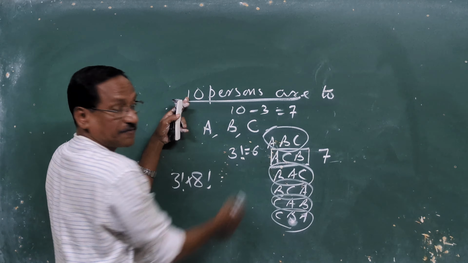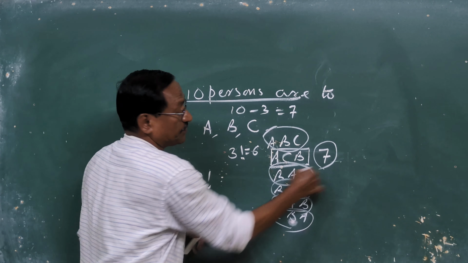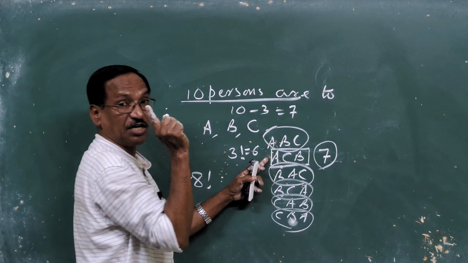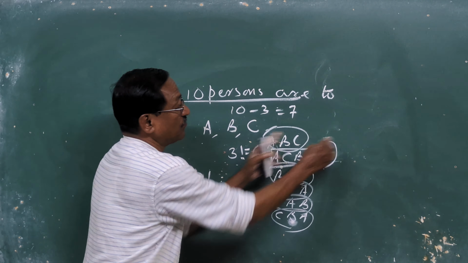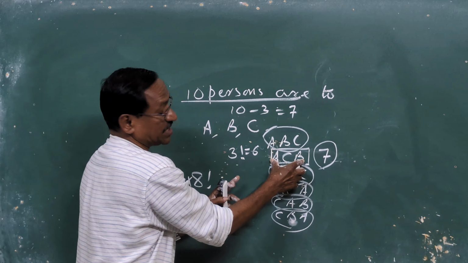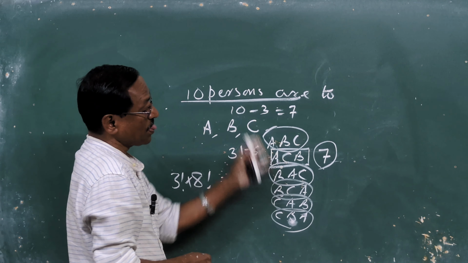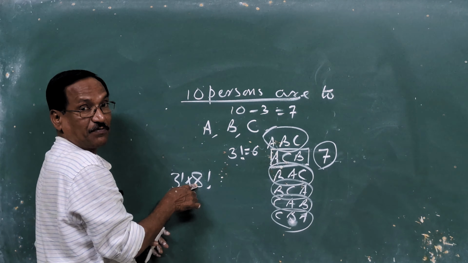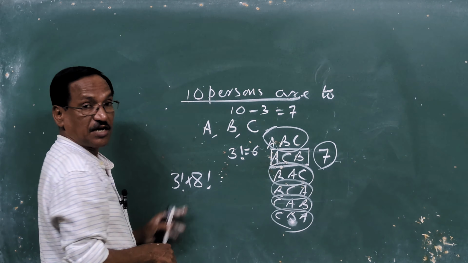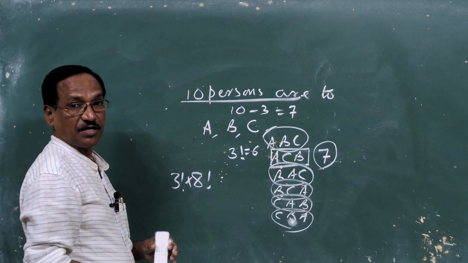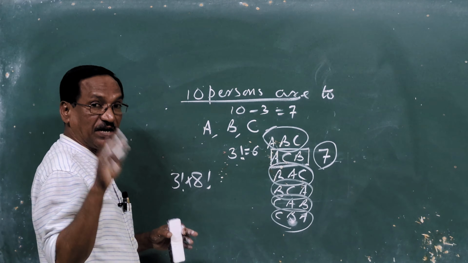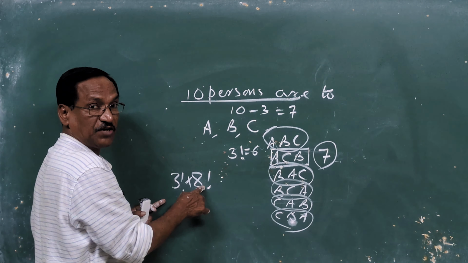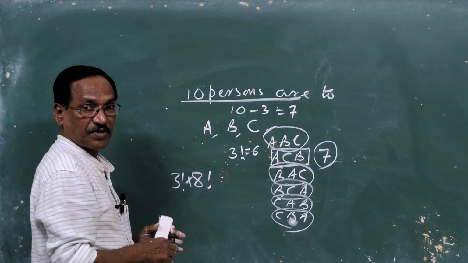Since we are considering this group as a single unit, we add one more to the 7. That means we have 8 persons, so the number of arrangements is 8 factorial. Again, using the fundamental principle of counting, we have 3 factorial into 8 factorial arrangements.